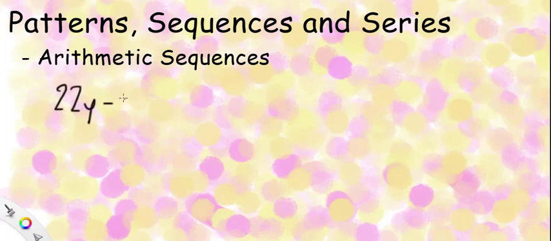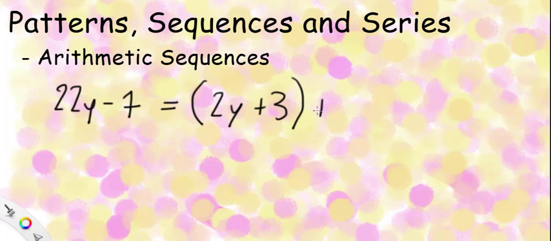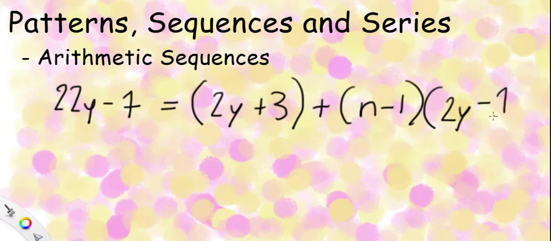22y minus 7 should equal 2y plus 3 plus (n minus 1) times (2y minus 1). And this is the equation we simply have to solve, guys.